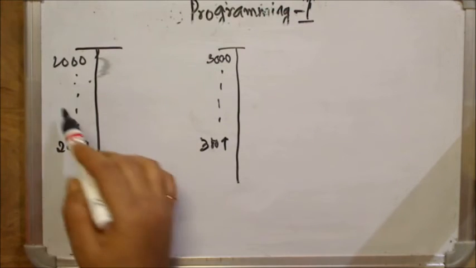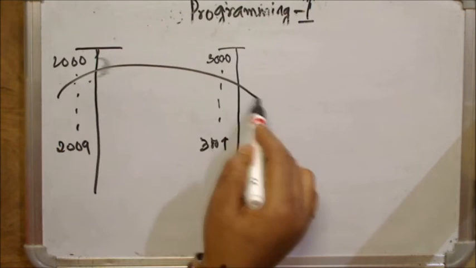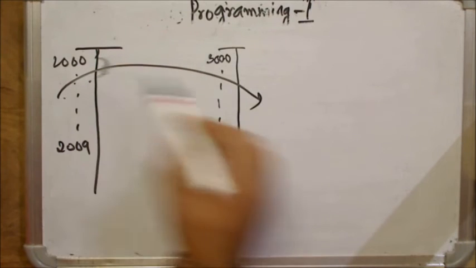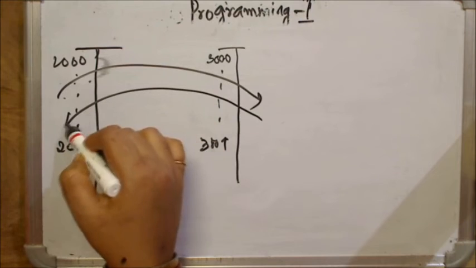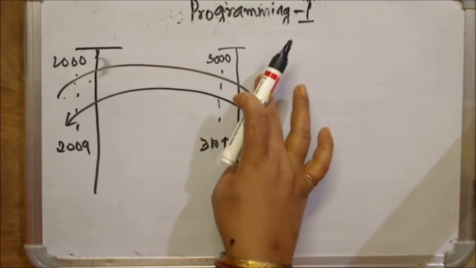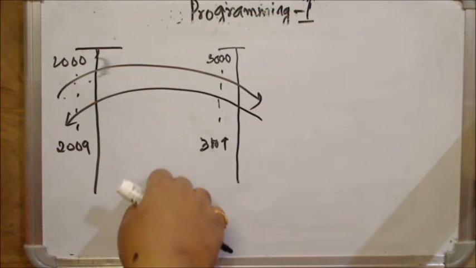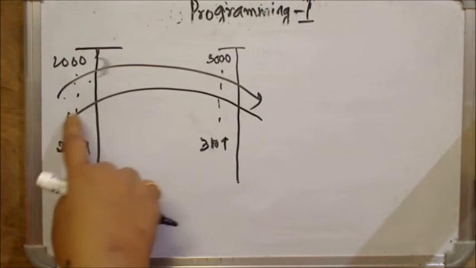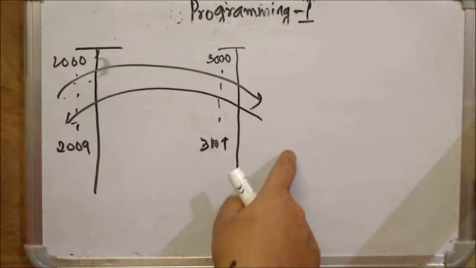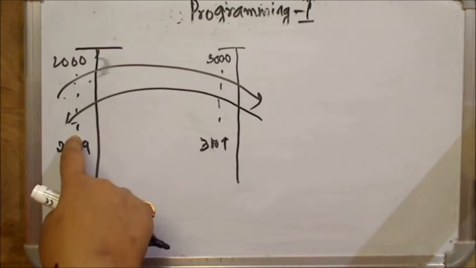What you have to do is take this block of data from this set of memory locations to the other set of memory locations. This data should come here, and that data will go there, and the data of 3009 will go there.